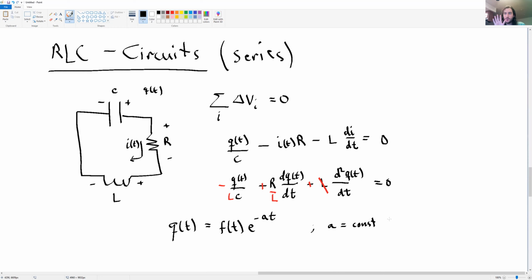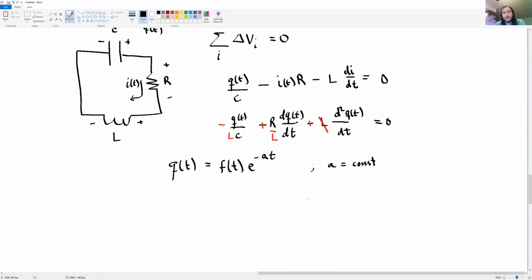When you plop this in there, you can manipulate it so that the exponential piece comes out when a is a certain value, and then the f of t is left over. There's another differential equation you can solve for f of t. That's one method of doing it. Another method is to guess two exponentials and then use something like Abel's method to get the general solution. But it's just a little bit too complicated for us.